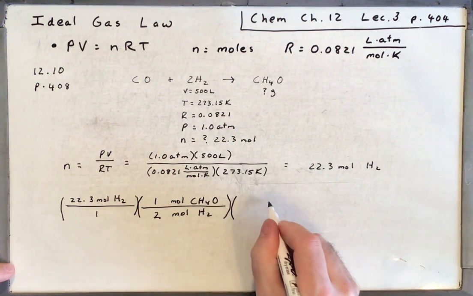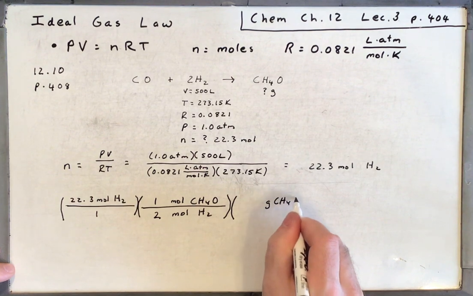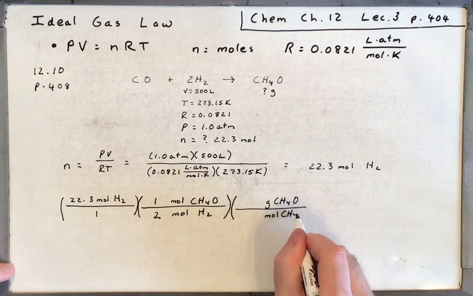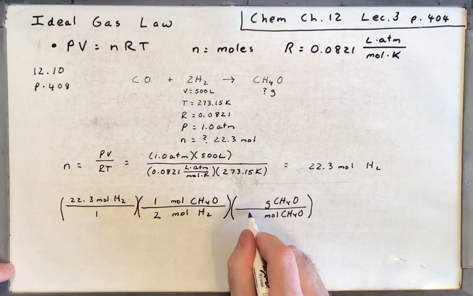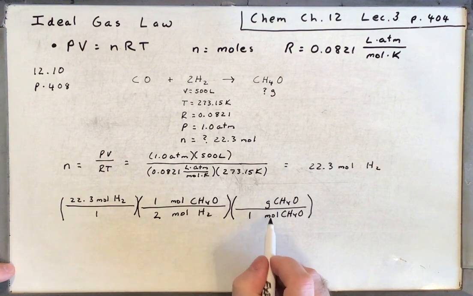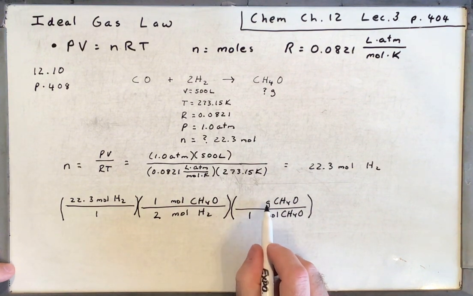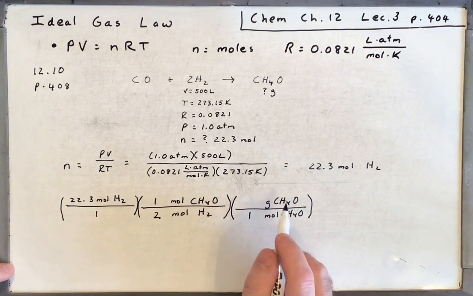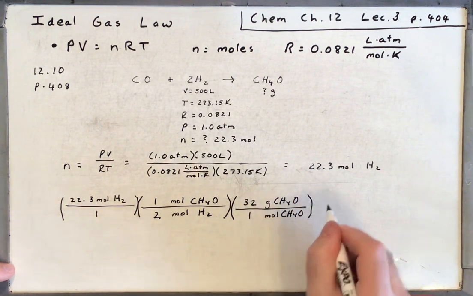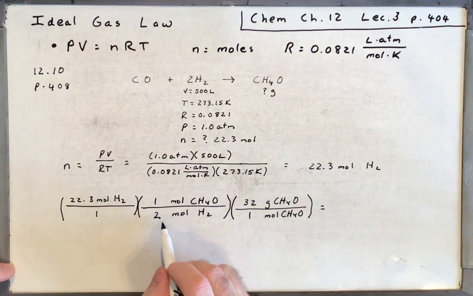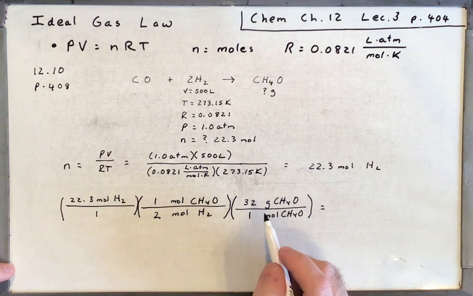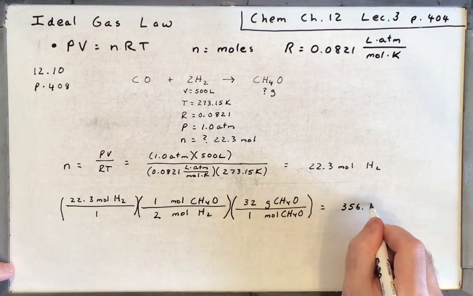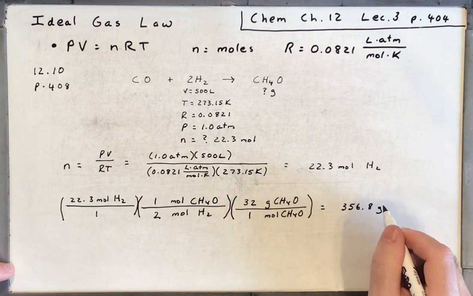And then finally, grams of CH4O, getting rid of moles of CH4O. 1 always goes by the mole when you have different units and moles are involved. Grams: 12 plus 4 is 16, plus another 16 for oxygen is 32. So 22.3 divided by 2 times 32 will give you 356.8 grams of CH4O.